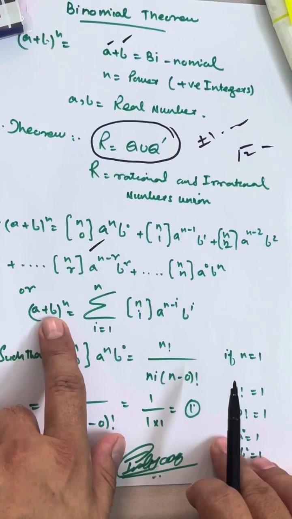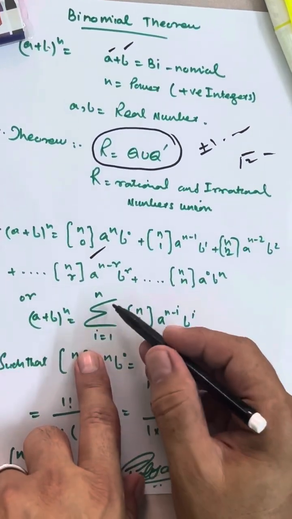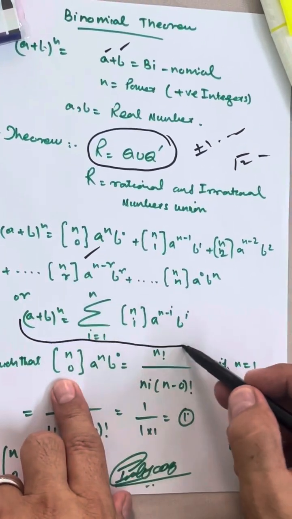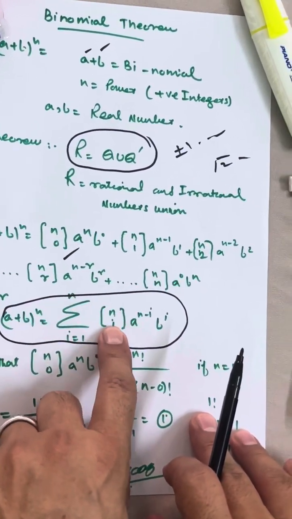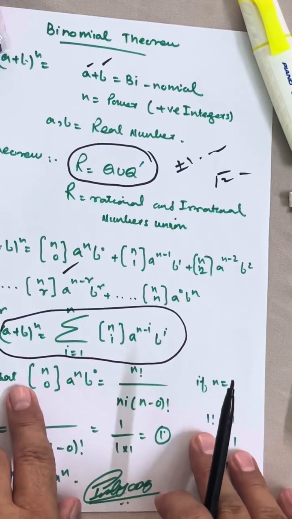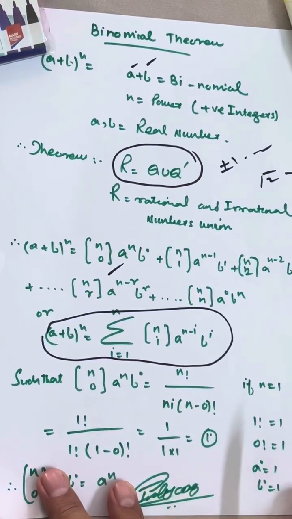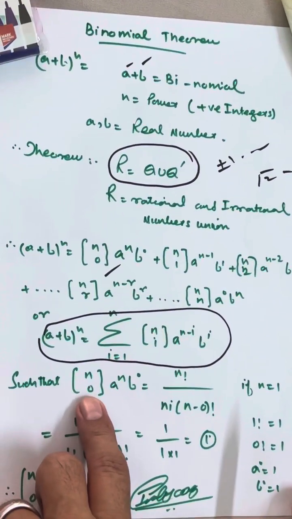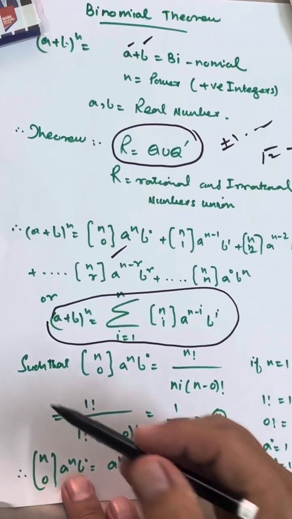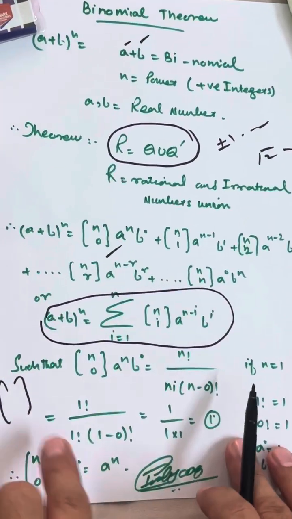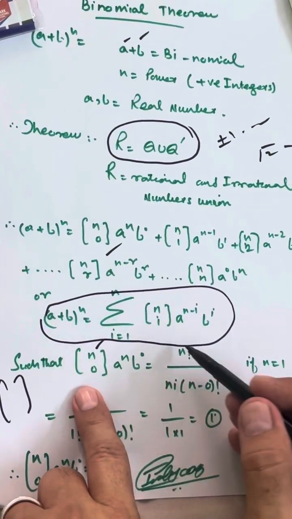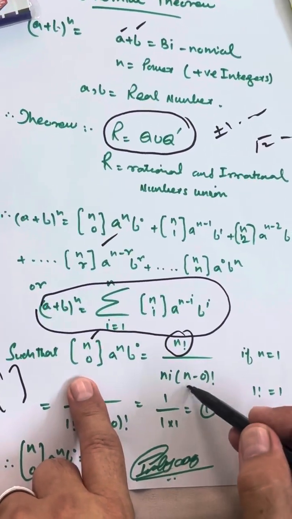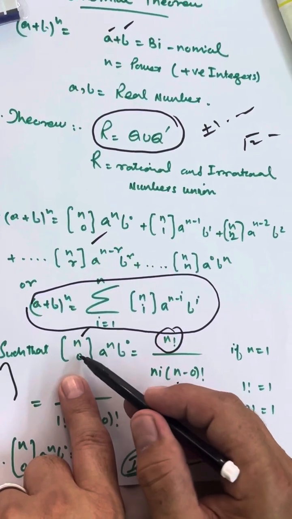So at the end, (a + b)^n. This is the general presentation of the binomial theorem, where i goes from 1 to n, C(n,i) a^(n minus i) b^i. Sometimes C(n,0) in an expression like this, a^n b^0. So this is equal to n factorial over 0 factorial times (n minus 0) factorial.